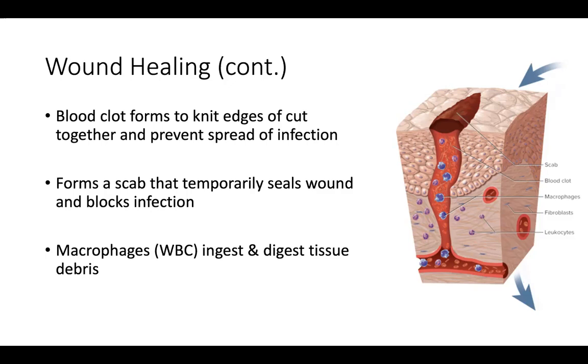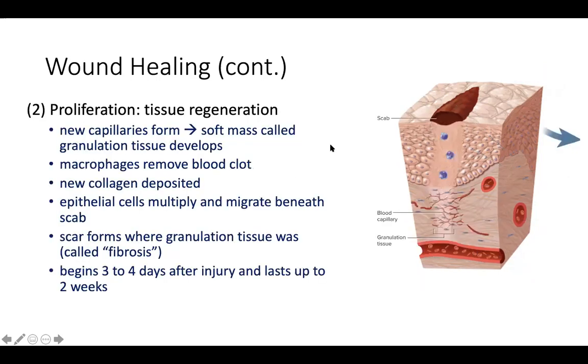So they are really important in kind of breaking down any of the dead tissue, and then also fighting off anything that's trying to come into the skin or any bacteria that made its way in before the scab kind of closed over. So macrophages are white blood cells. That's the end of the first stage, the inflammatory phase.